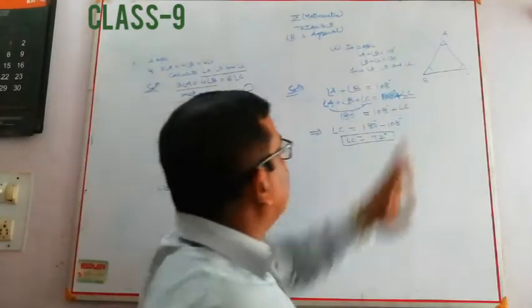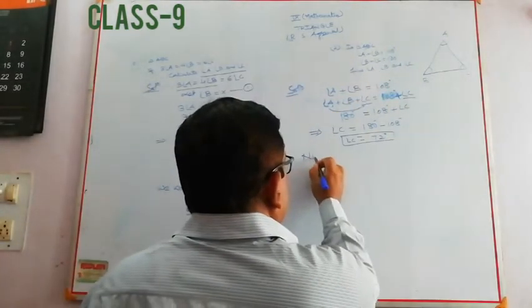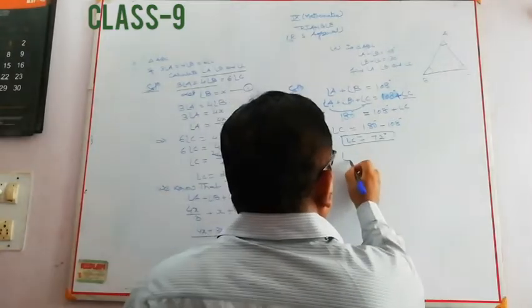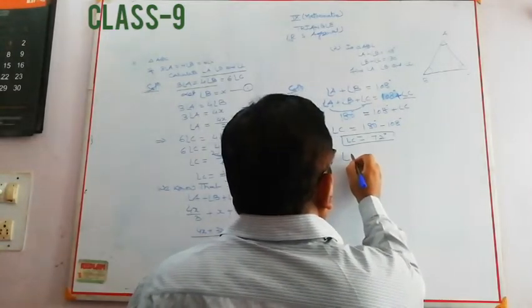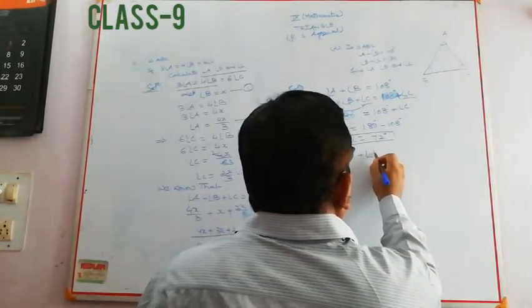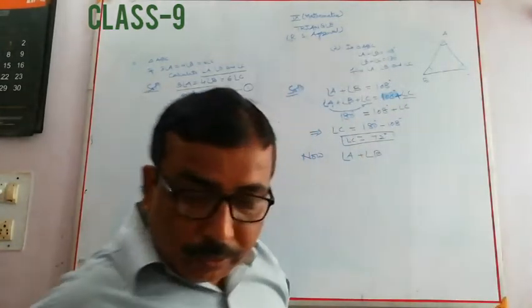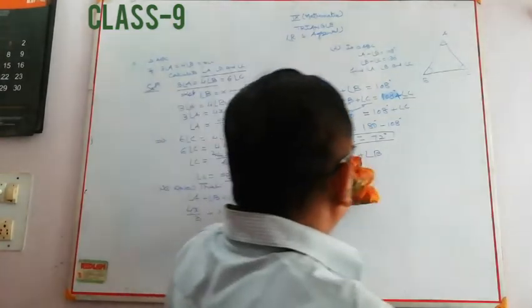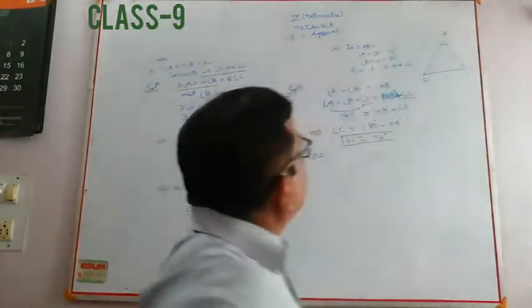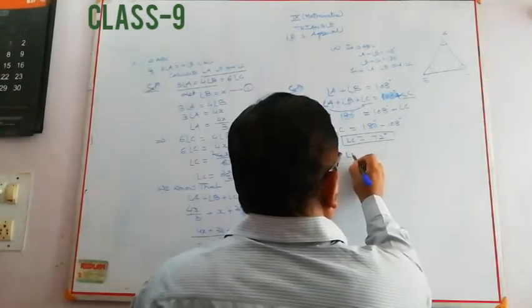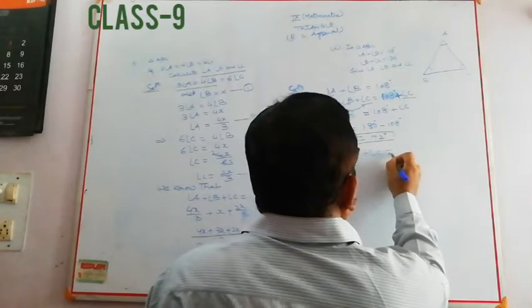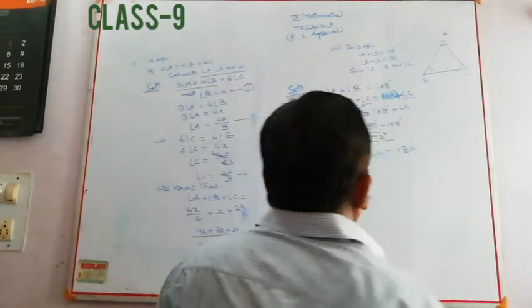So 130 degree. Now given in your question, angle B plus angle C is equal to what? So 130 degree.